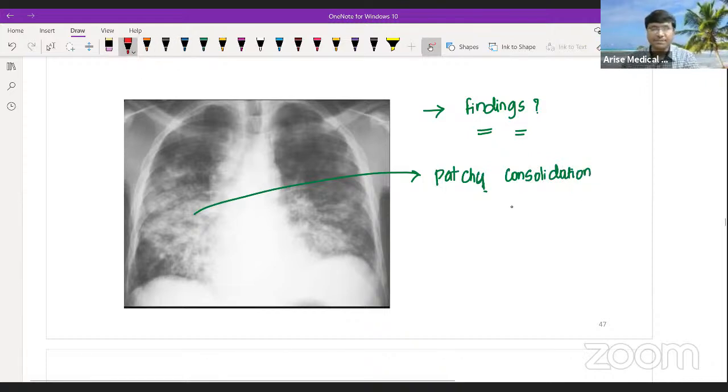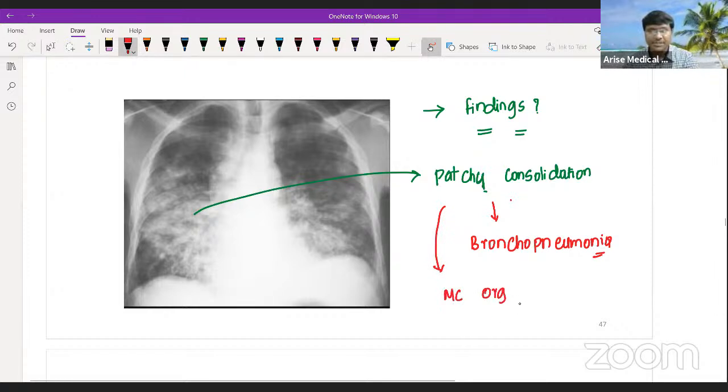Now, where will you see this patchy consolidation? You will come across that in patients with bronchopneumonia. Now, can anyone tell me what is the most common organism causing patchy consolidation or bronchopneumonia? Any one of you, please.